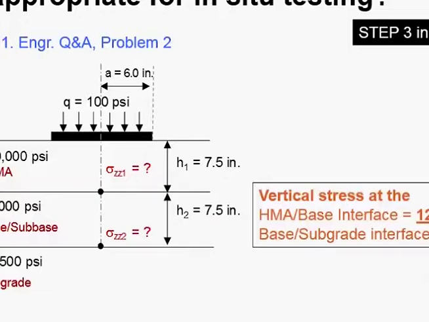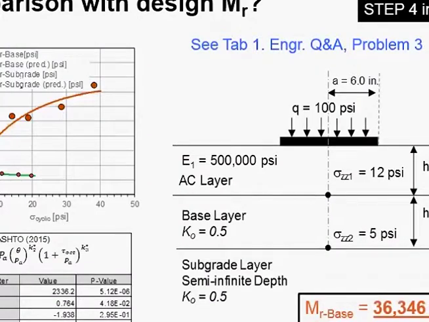So then, when it comes to in situ testing, we want to figure out, okay, at the base interface, we've got 12.2 psi, at the base-subgrade interface, 5.9 psi, for these different anticipated modulus values. This would be for a 3-layer system, which is what we were testing in MnROAD yesterday. So we can do that. And then we can run a test, making sure we capture the range of stress.